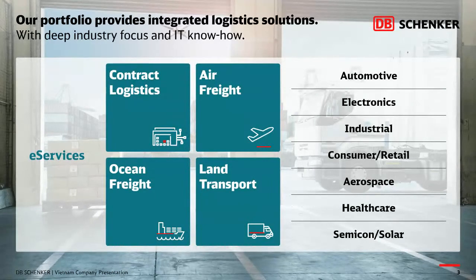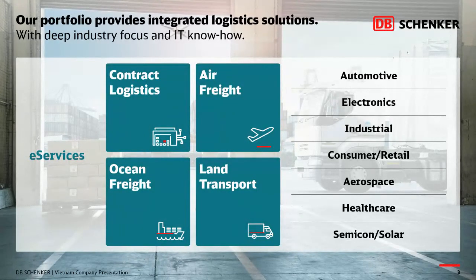Okay, so here is the DB Schenker global portfolio provided in the market. We have 4 main products: contract logistics, which people normally call the warehouse, right? The second is air freight, then ocean freight, and last but not least, land transportation.